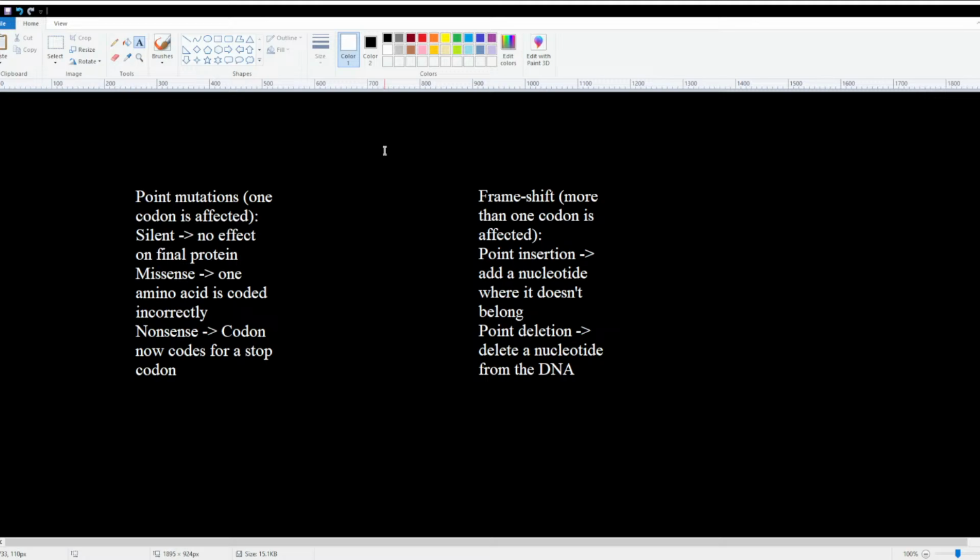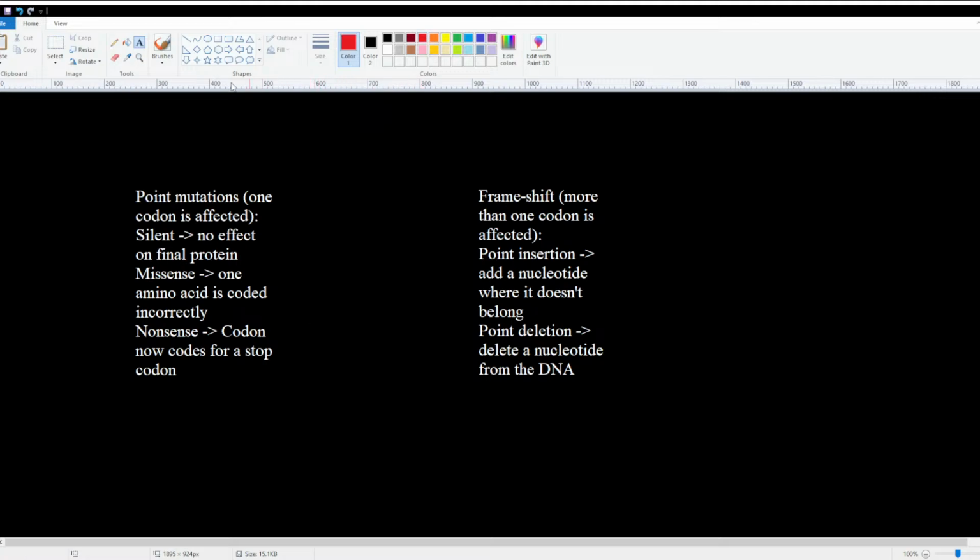It shifts one more over. You see how that would be really bad because everything is messed up. And the same case for deletion. AUGCCA is now UGC whatever. So the ones that affect multiple codons are the ones that are really, really bad.